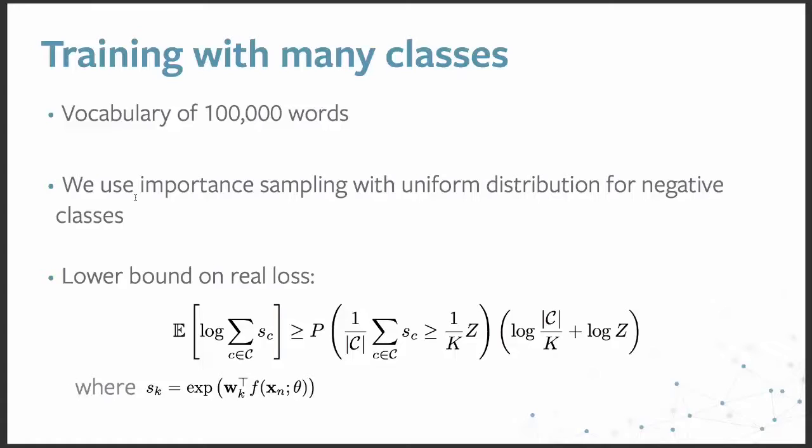So the idea is very stupid. You just sample a few negatives each time, and you just normalize over them. So we basically sample, I think, around 1,000 per example, and that's it. So you can prove a bound on it.